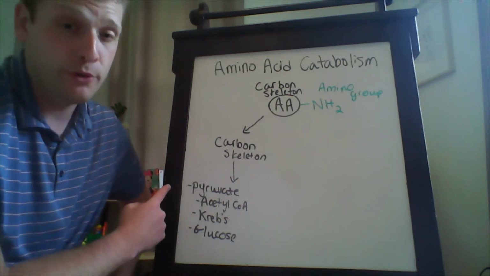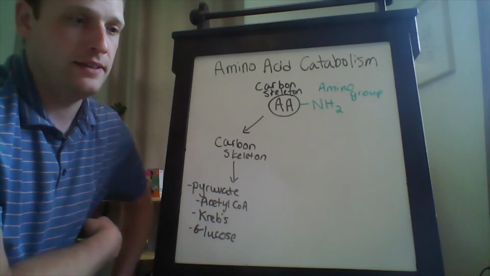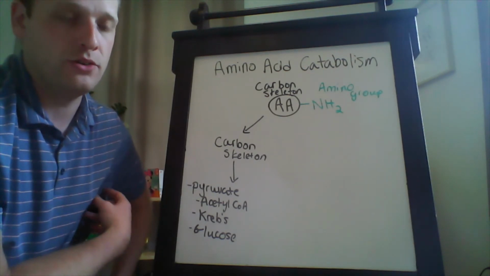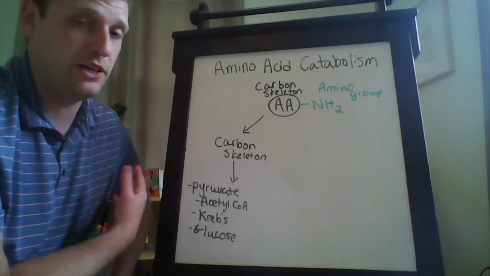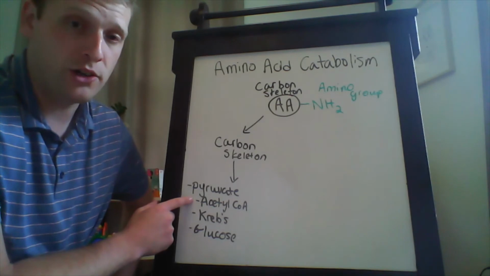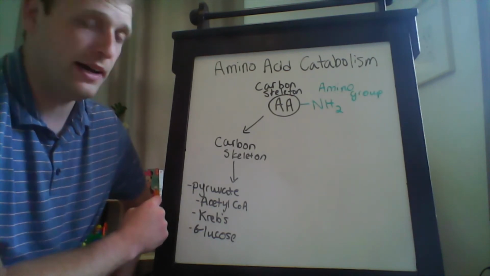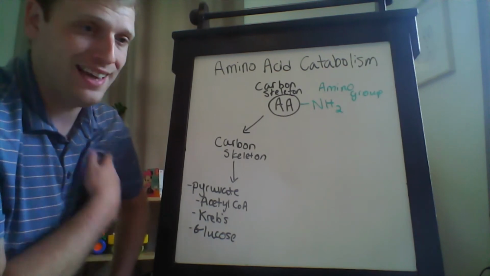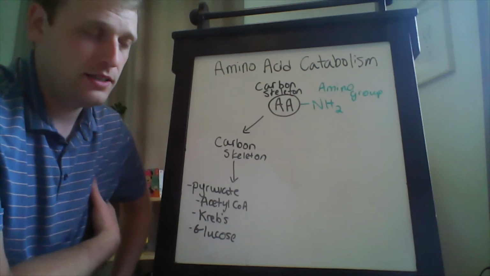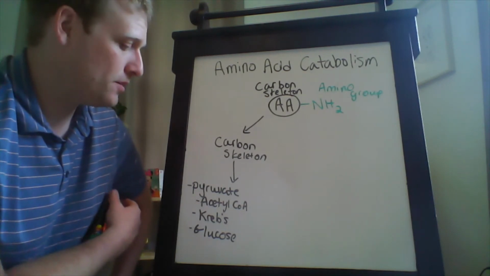And remember, pyruvate is what's going to enter the mitochondria in oxidative phosphorylation or cellular respiration to make ATP. You can also make acetyl-CoA out of the carbon skeletons of amino acids, and acetyl-CoA can just enter right into the Krebs cycle to produce lots of NADH and FADH2.